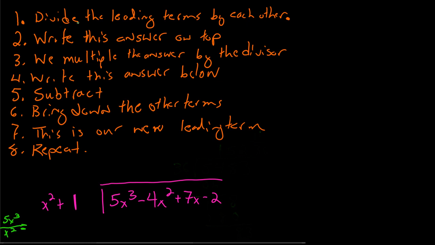I'm going to divide my leading terms by each other. Here's the leading term of this polynomial, and here's the leading term of this polynomial. Well, that's going to leave me a 5 upstairs, and x cubed divided by x squared is x to the first. So 5x is my answer. So write this answer on top, and I'm going to line it up with my x to the firsts.